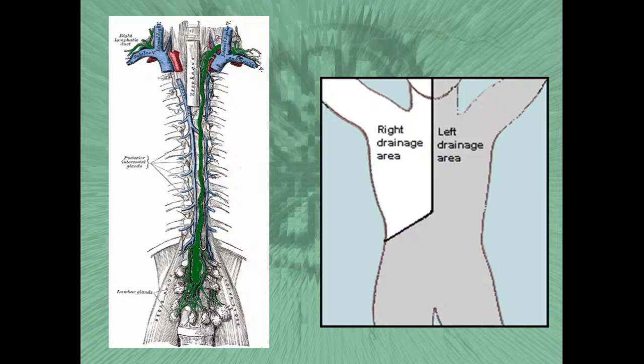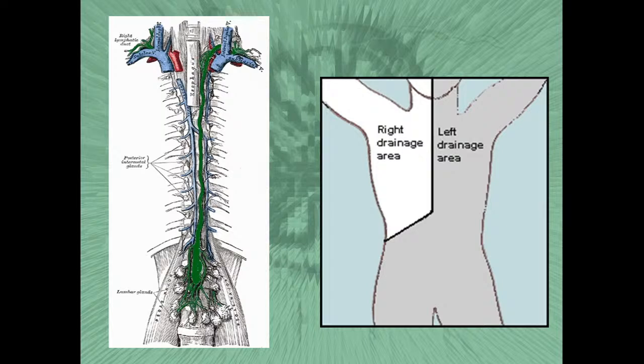After that, thoracic duct rises up, piercing the diaphragm in the region of the aortic hiatus and enters the posterior mediastinum. Passes upwards and in the thoracic cavity receives one more tributary, which is the left bronchomediastinal trunk.